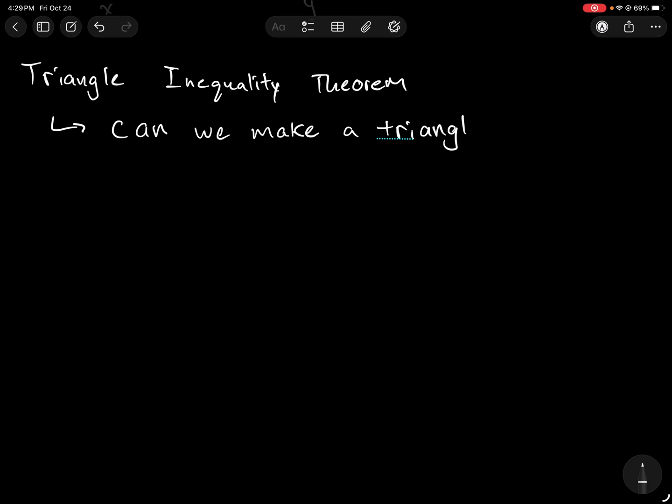At first glance, it seems sort of obvious. I mean, what do you mean, can we make a triangle? Well, if we are using lengths, maybe like 2, 3, and 30, for example.